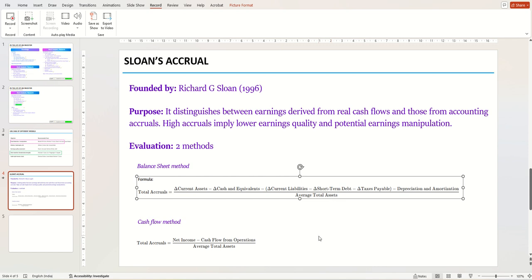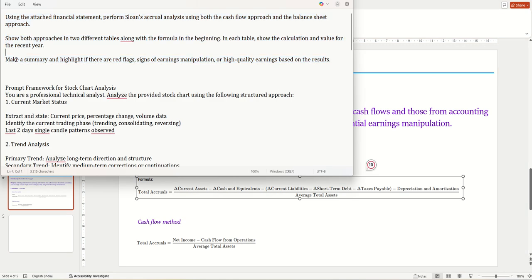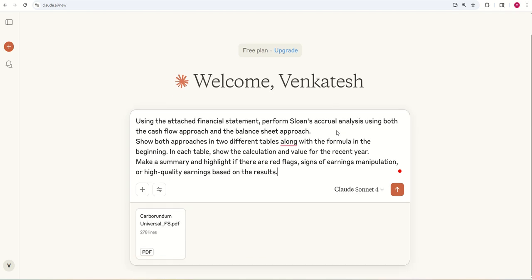So I'm interested only in Sloan's accrual for the recent year. Make a summary and highlight if there are red flags and signs of earnings manipulation or high quality earnings based on the results. Now we run this on Carborundum Universal financial statements.